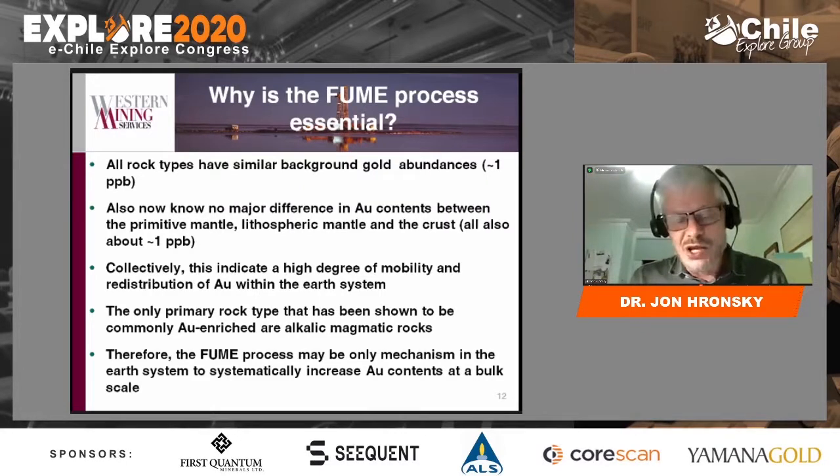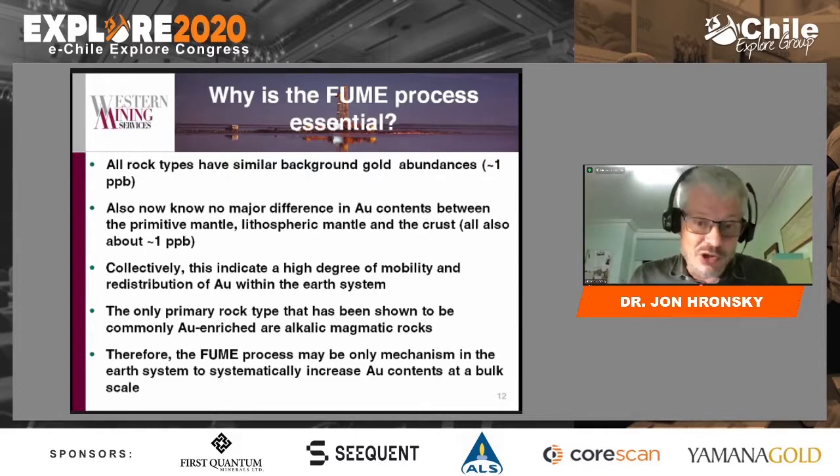We also now know, and this has become clear recently, that there's no major difference in gold contents between the primitive mantle, the lithospheric mantle, and the crust. There are some slight differences, but no major differences, and they're all about 1 part per billion. So what this is telling us is that there must be a high degree of mobility and redistribution of gold within the Earth system. So it moves around a lot. So that's the first point.